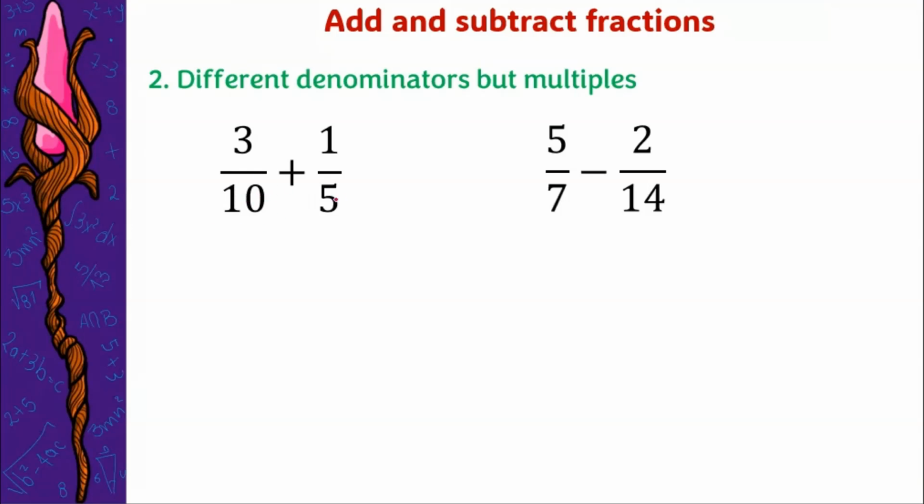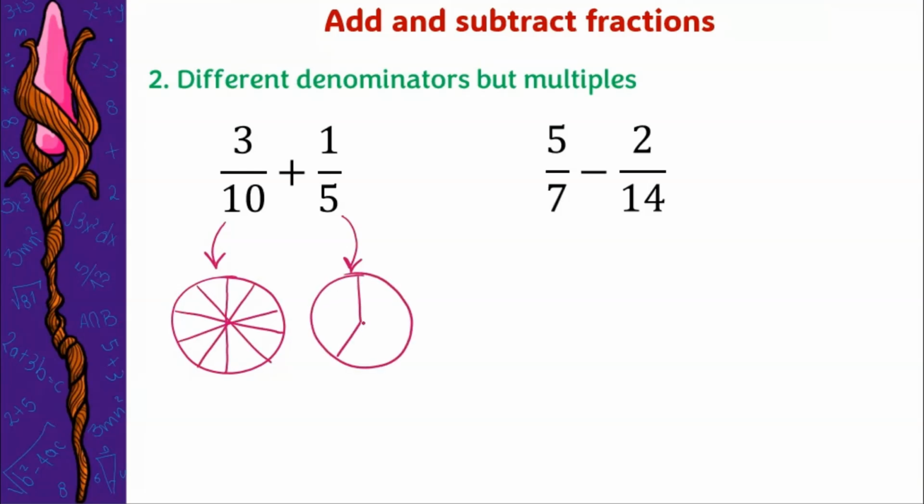They have different denominators, so we cannot add them together because the slices in this one, for example, are smaller than in this one. In this case, this one is just one slice, but it's bigger than the other ones.